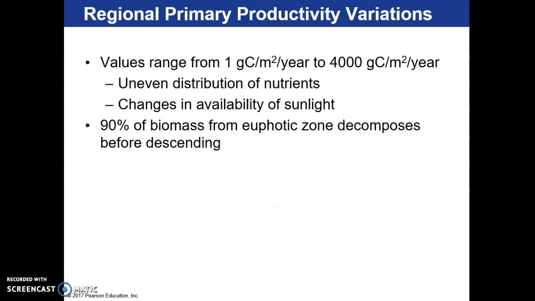So we have regional variations in productivity, and this basically has to do with how nutrients are unevenly distributed, and then also how sunlight is unevenly distributed. So in different regions, you may have a different availability of nutrients or a different availability of sunlight.